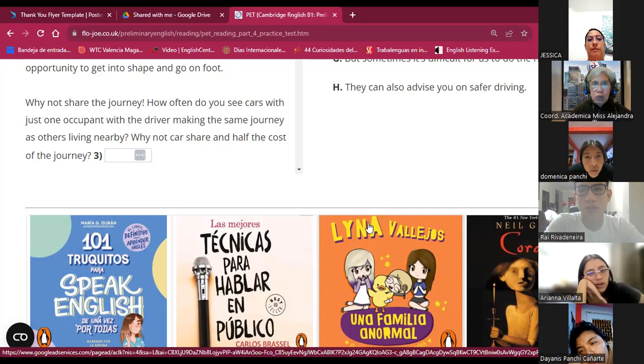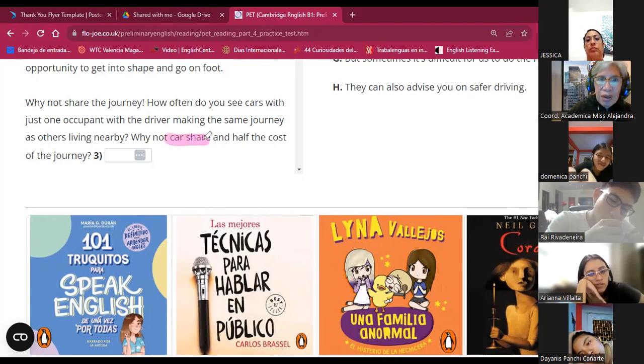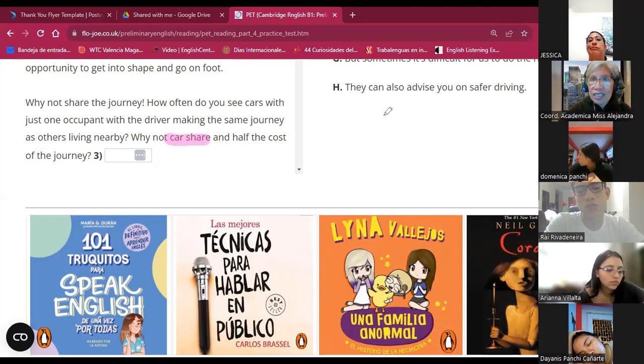What should people do? Car share and halve the cost. Car share. That's the most important. If you share your car with people who live nearby and work at the same place, you save money and you protect the environment, because it's not the same 4 people going in 4 cars to a place than 4 people going in only 1 car. The level of pollution goes down. Nice. Let's continue.